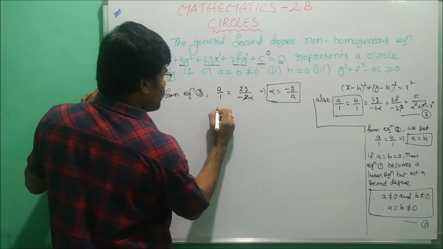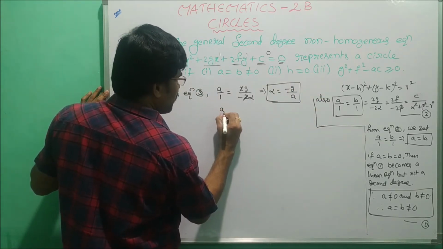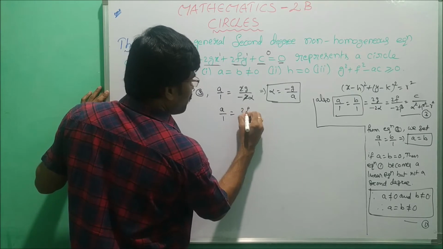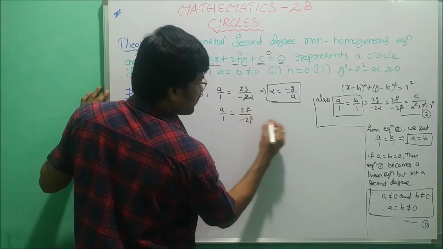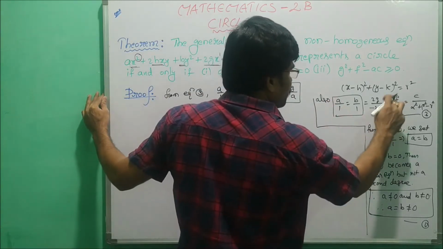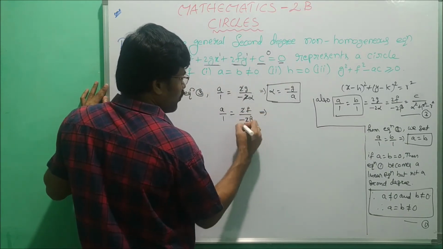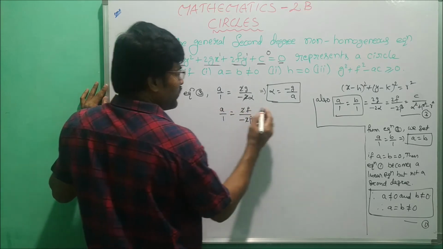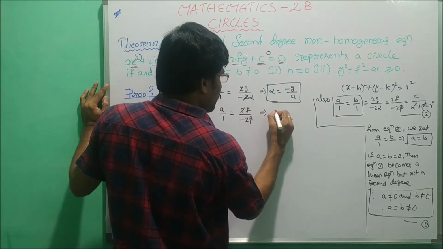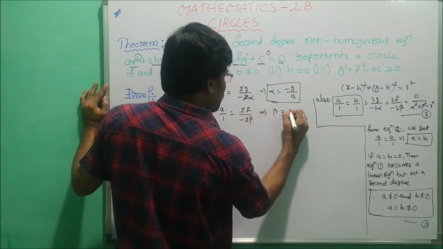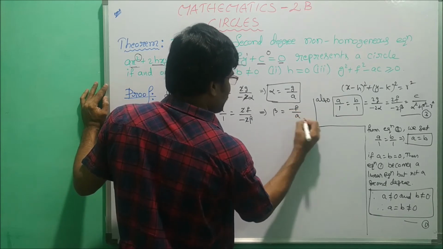Similarly we take a by 1 equals 2f by minus 2 beta. Here also we cancel 2 in both numerator and denominator. Here we get the value of beta equals minus f by a.